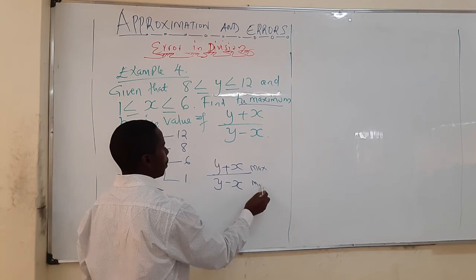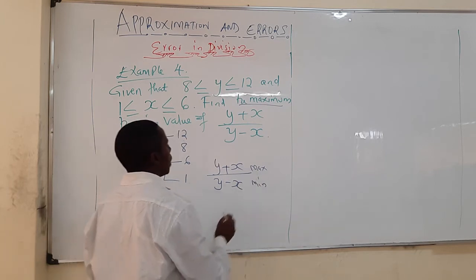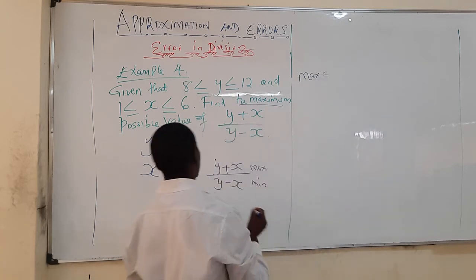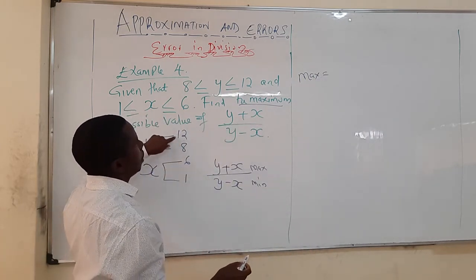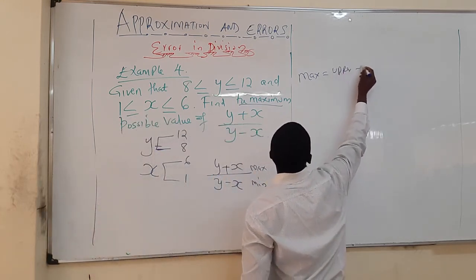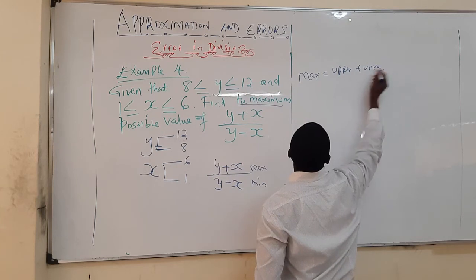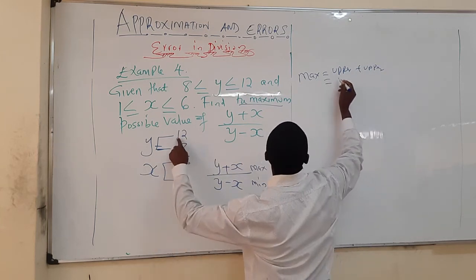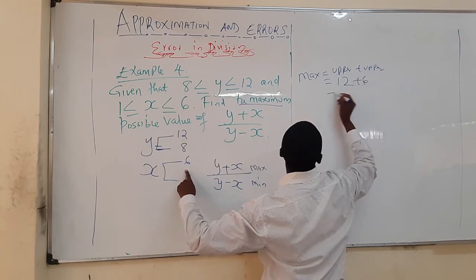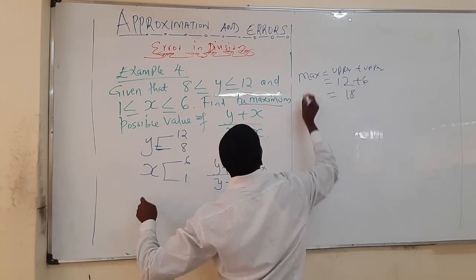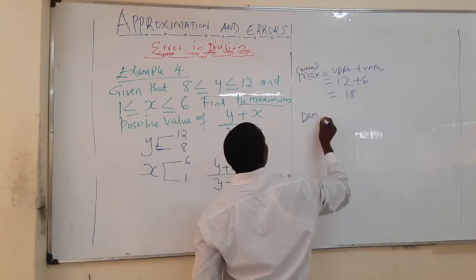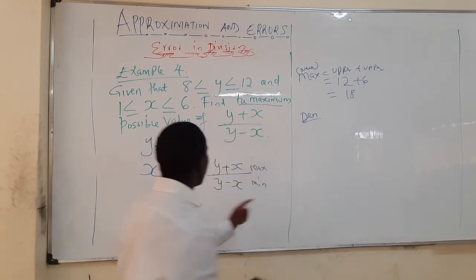So our numerator, maximum, in addition, we get the upper limit plus the upper limit. That is going to be 12 for y plus 6, which is 18. That is the numerator. Then for the denominator, we want the minimum value.